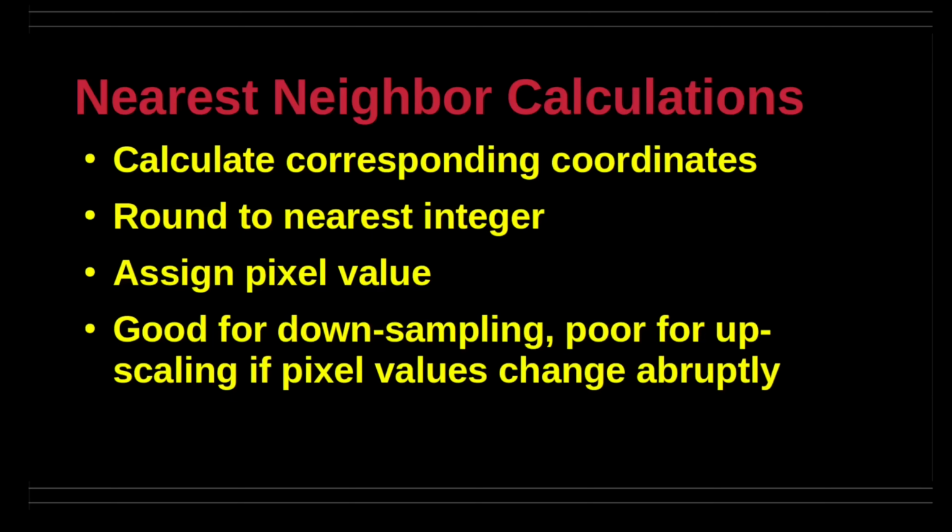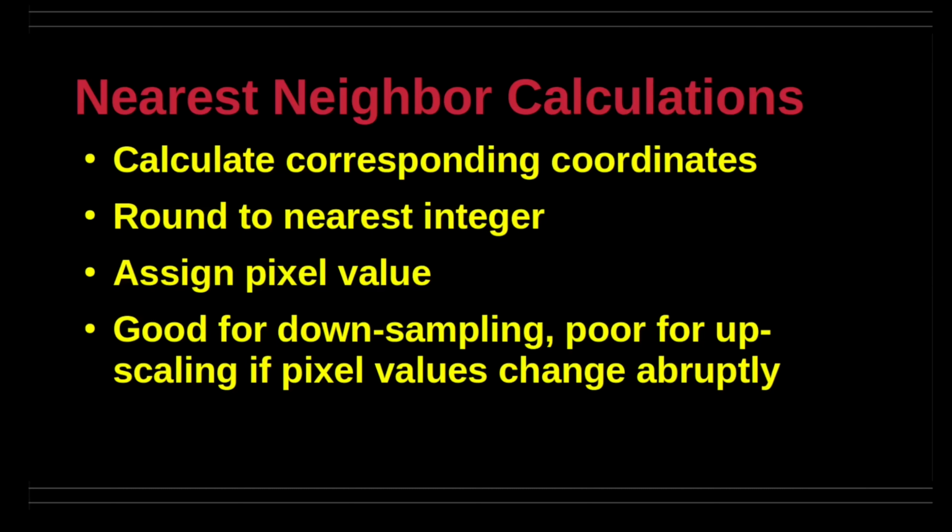calculate new pixel coordinates. For each pixel in the new image, determine its corresponding coordinates in the original image using the scaling factor. Round to nearest integer. Round the calculated coordinates to the nearest integer to get the pixel location in the original image.